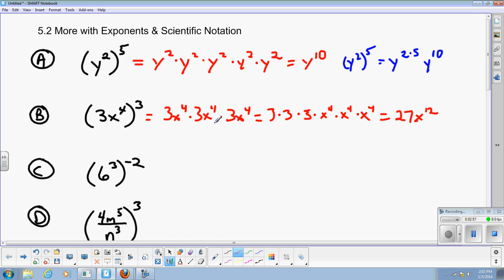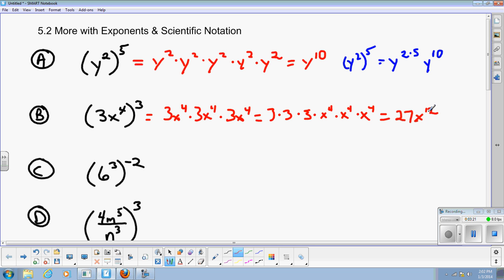All right, that's writing it out the long way and using our rule from lesson 1 of adding our exponents, and we multiply the numbers. Let's see if we can apply our example A rule to example B. In example A, we did 2 times 5 to give us that 10. Let's look here in example B. If I look at just the x piece, I have 4 and 3.